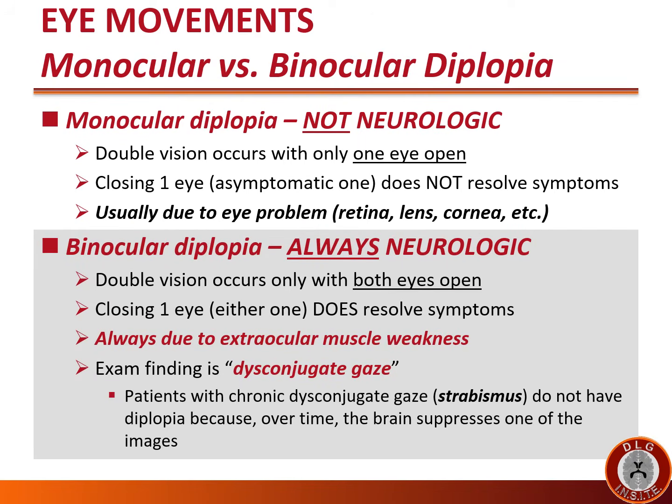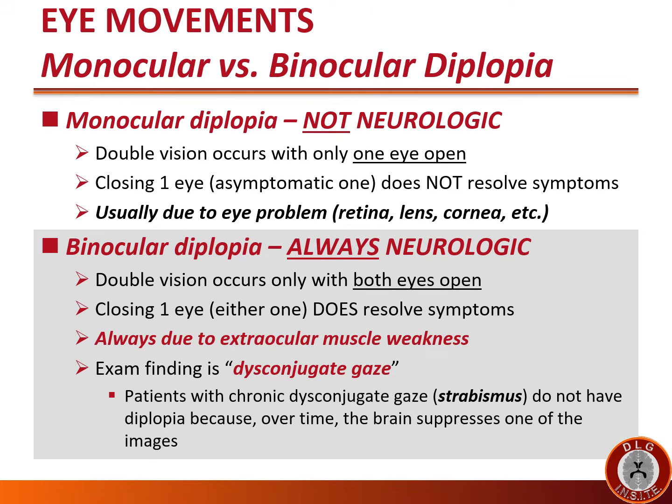Diplopia or double vision can be monocular or binocular. Monocular diplopia refers to double vision that occurs with one eye open. Closing one eye, the asymptomatic one, does not resolve symptoms. So you only have double vision in that one eye. This is almost always due to an eye problem, retina, lens, cornea, etc., and is not neurologic and not what neurologists deal with. However, binocular diplopia is always neurologic.